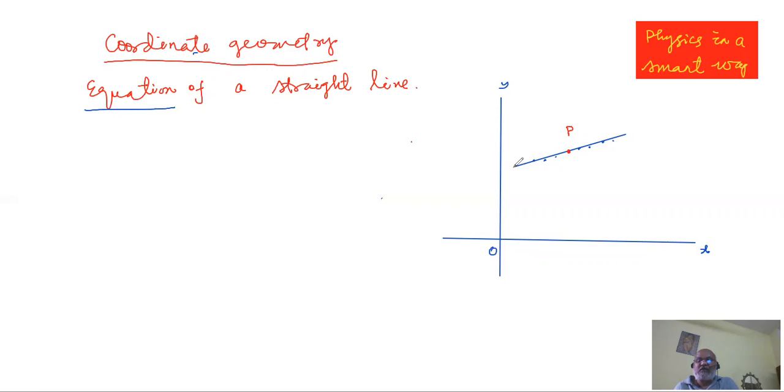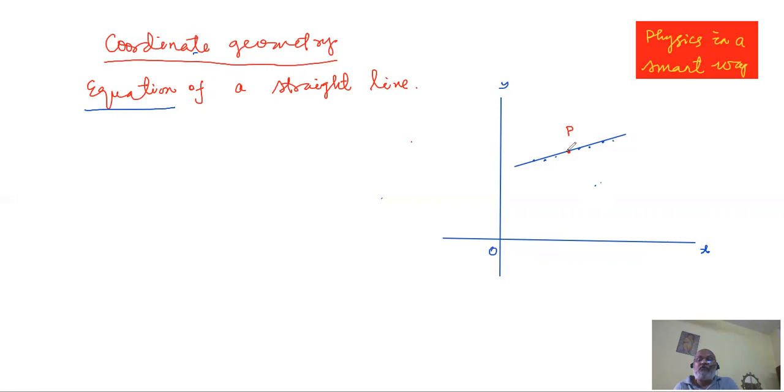You join them by a scale, and then a straight line comes up. If it's a curve, you take several close by points, because a handwritten curve has to be drawn by freehand. Then the curve comes up.